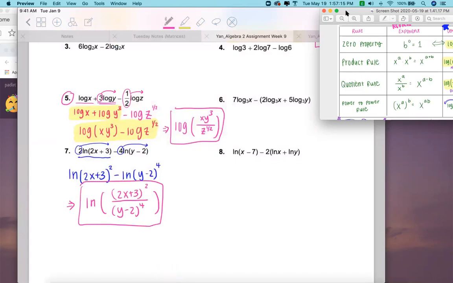Any other questions? Okay, I'm gonna start with number 6 for you. Number 6, I would say it might be easier if you write it out like you distribute your negative to each of them. Like this.